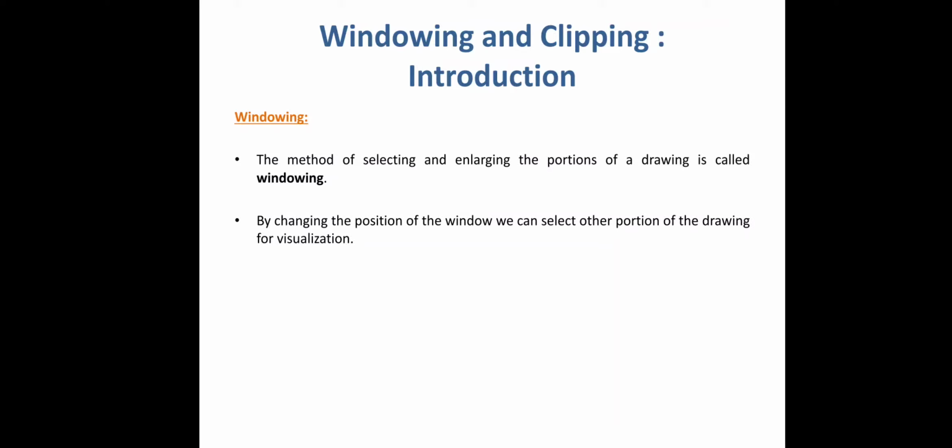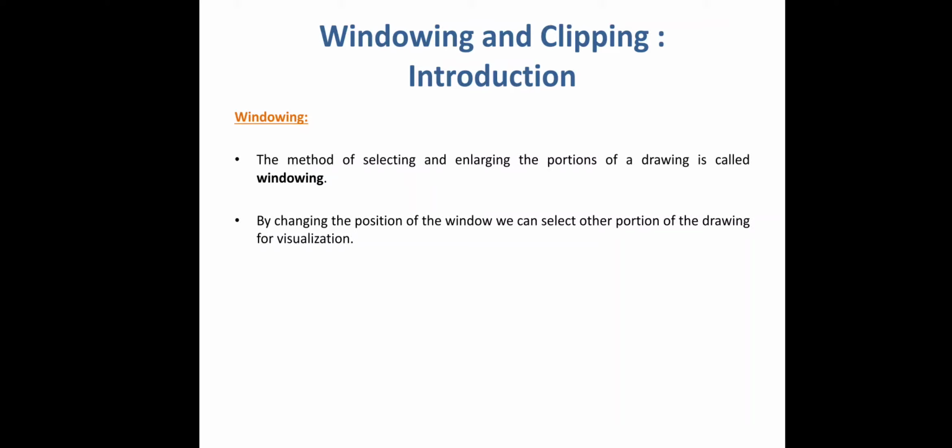By changing the position of the window, we can select another portion of the drawing for visualization. Whenever we want to shift from Pune city to Mumbai city, we just shift the position of the window, so the Mumbai city becomes available in that window. The method of selecting or enlarging some portion of a particular drawing is called windowing.